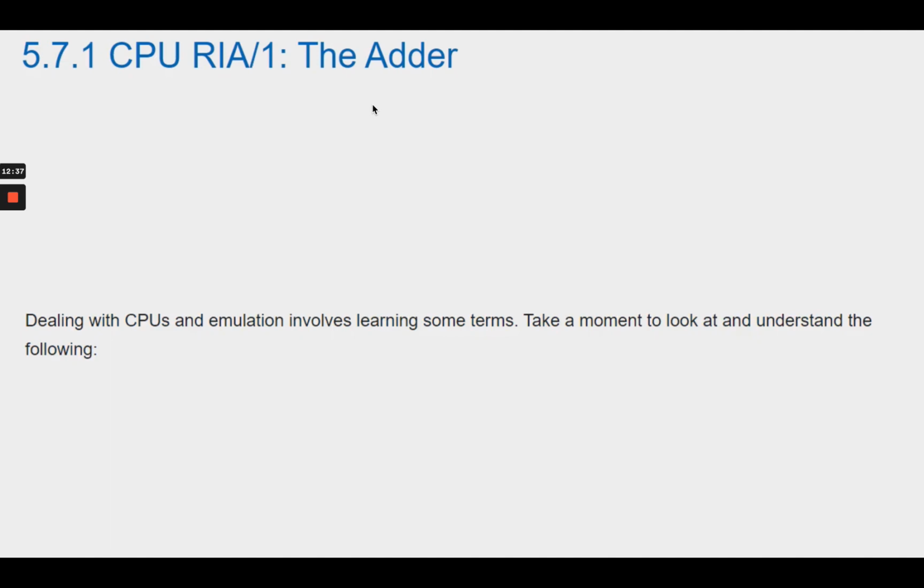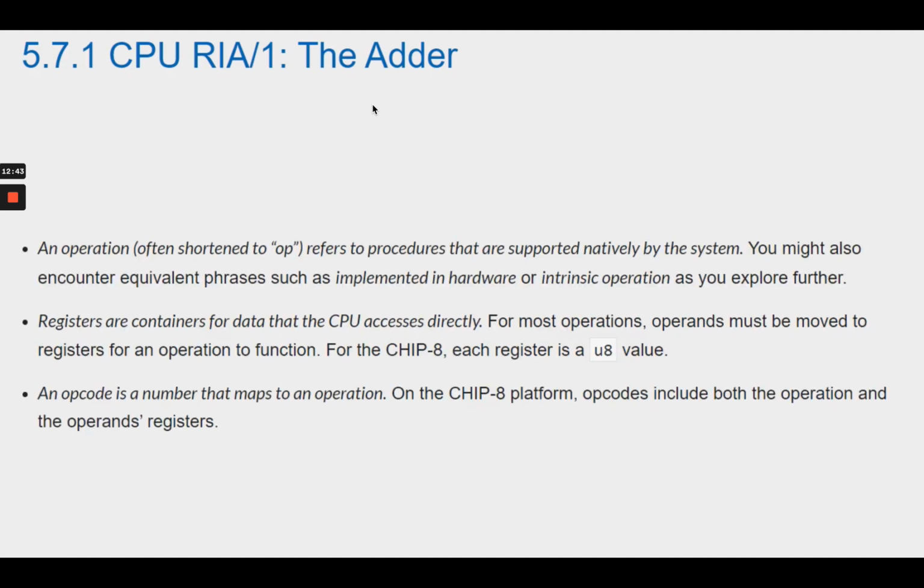Dealing with CPUs and emulation involves learning some terms. Take a moment to look at and understand the following. An operation, often shortened to op, refers to procedures that are supported natively by the system. You might also encounter equivalent phrases such as implemented in hardware or intrinsic operation as you explore further.